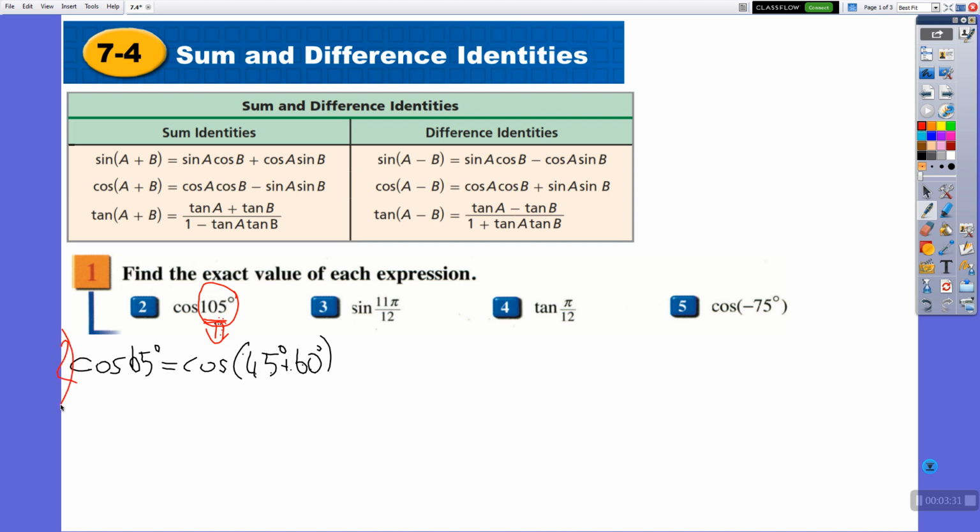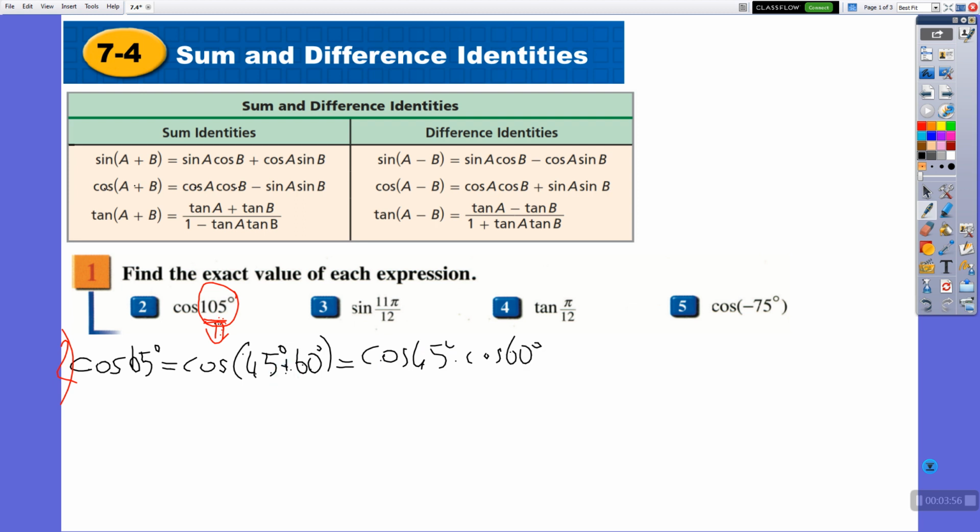Here is question 2. So let's do the expansion. It's equal to, so that's cosine and there's plus between them. So I'm going to multiply cosines together. So cosine 45 times cosine 60.